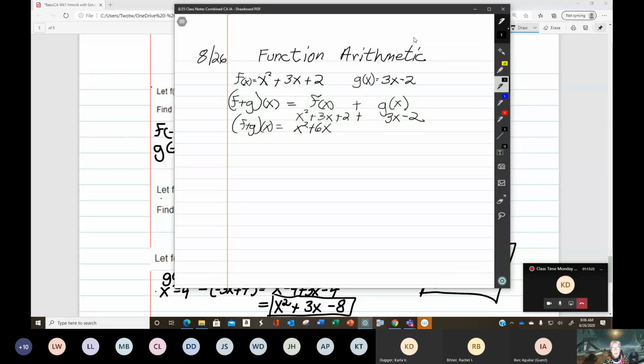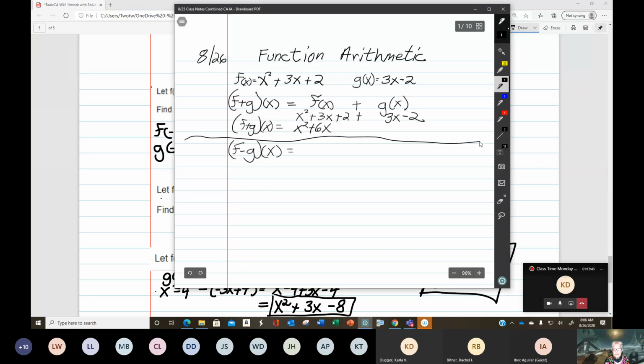All right, now we're going to subtract. As always, subtraction is a little more dangerous than addition. If we take f minus g of x, well, all that is, let me draw a line here, f of x minus g of x.